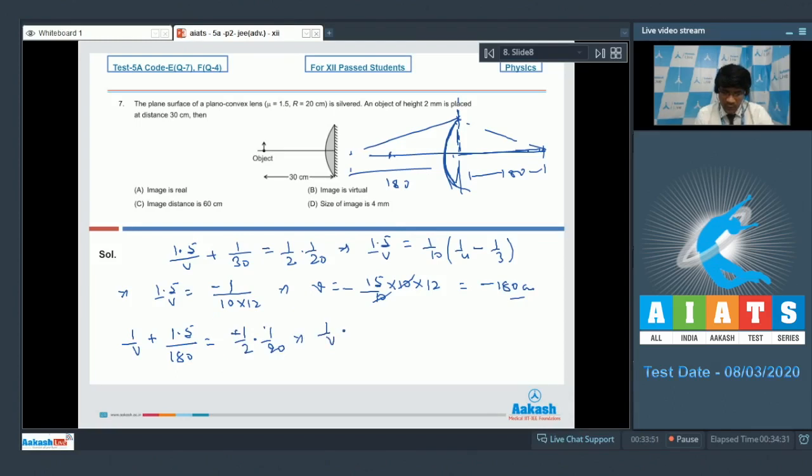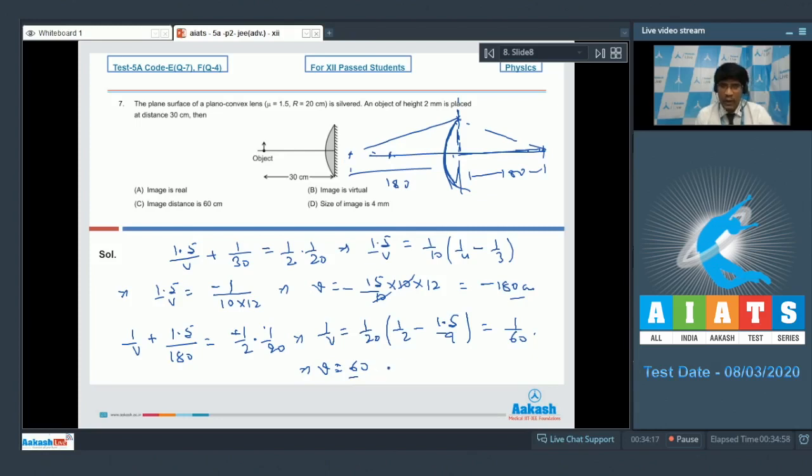So 1 by v must be equal to 1 by 20 into 1 by 2 minus 1.5 divided by 9, or it is coming out to be 1 by 60. So we are getting the image distance v on this side. It is how much? It is 60.